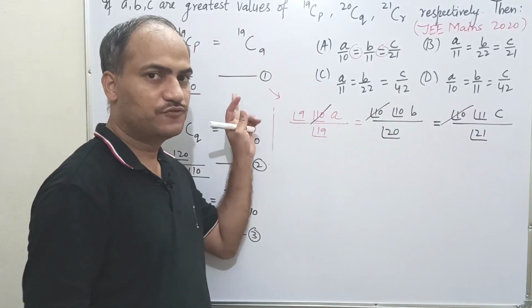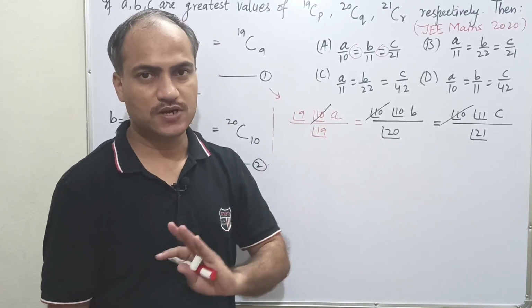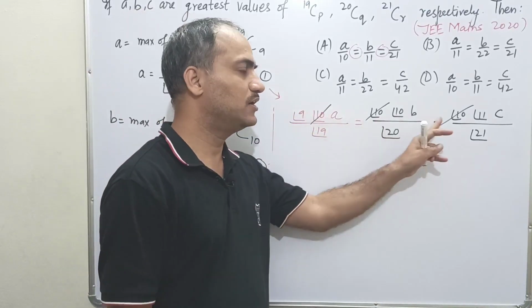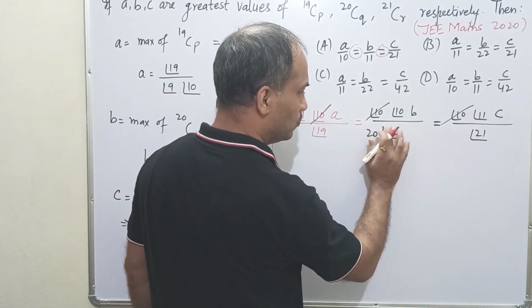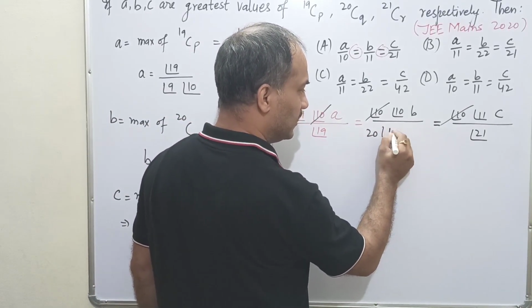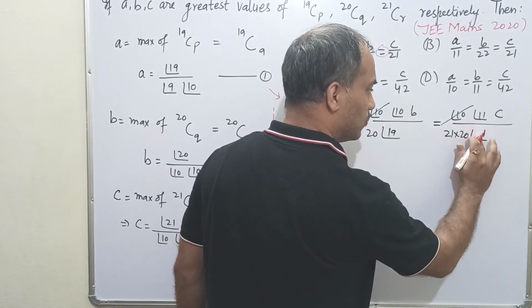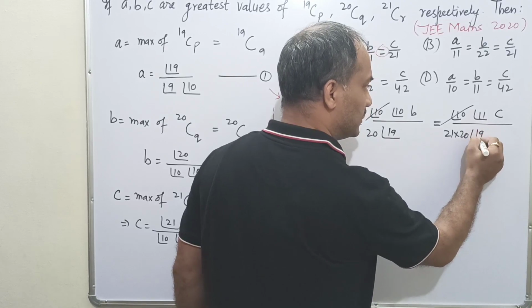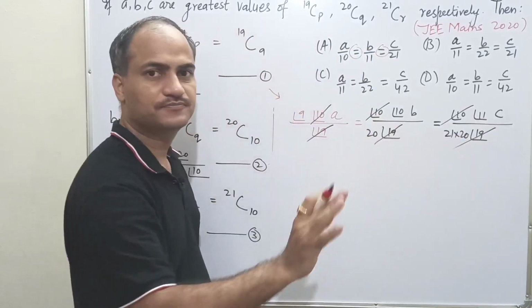For such ratios we know division or multiplication can be done by any quantity. So we have divided by factorial 10 easily. This 20 can be written as 20 into factorial 19. This 21 can be written as 21 into 20 into factorial 19. Now we have 19 factorial everywhere, so we can divide.